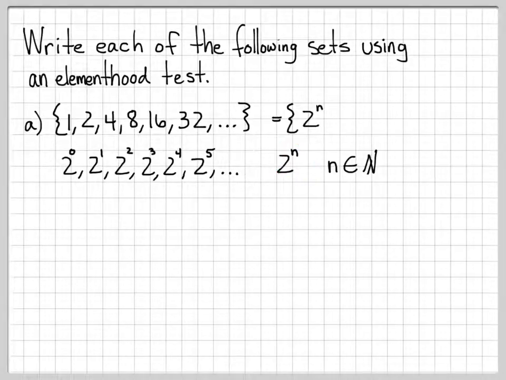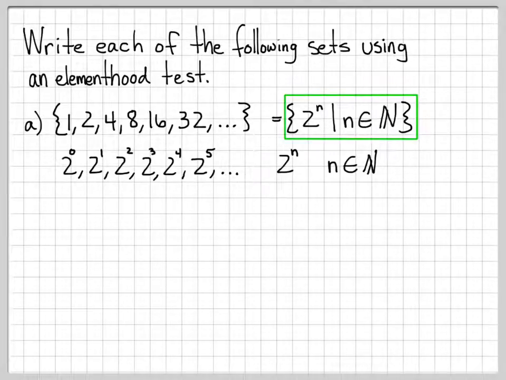Basically, this is the set of 2 to the n, and then here's where I put in the Elementhood test. So it's the set of all things 2 to the n such that n is a natural number. So instead of writing out this infinitely long list of things, I can write it compactly using this Elementhood test.